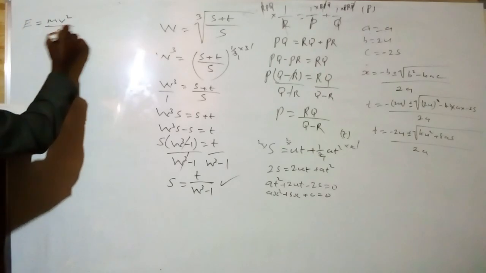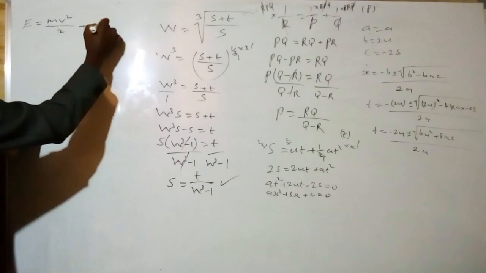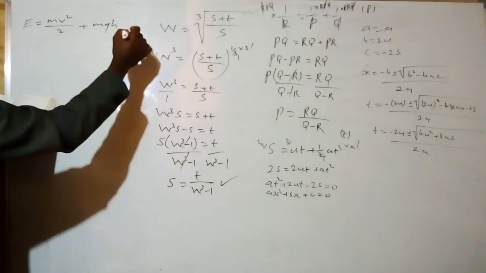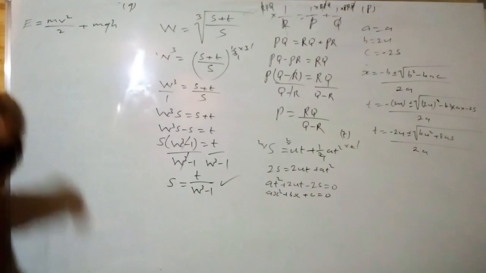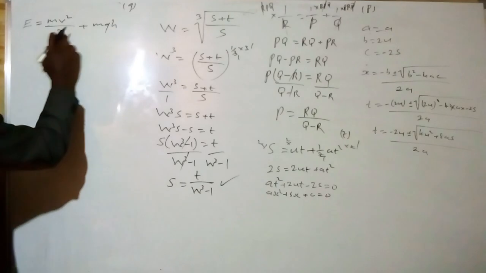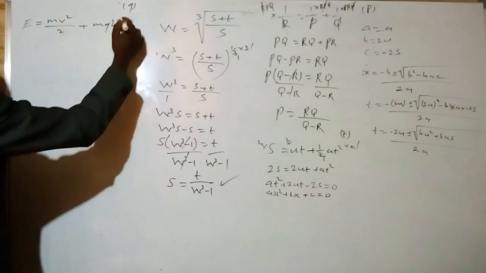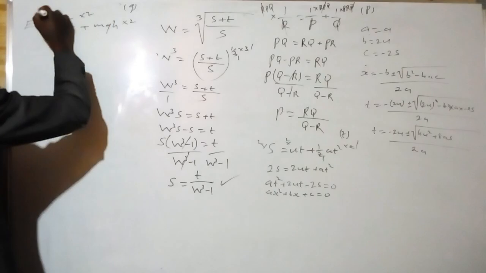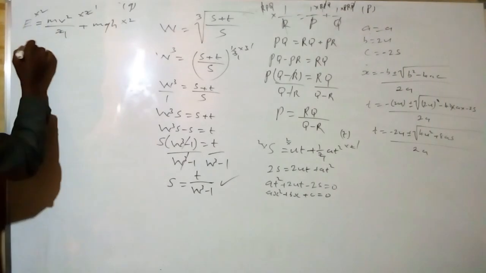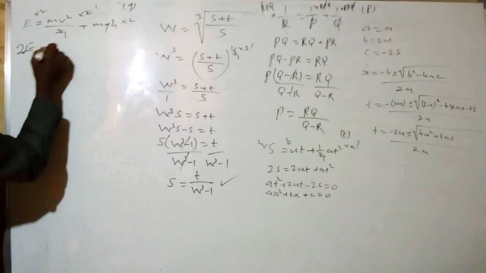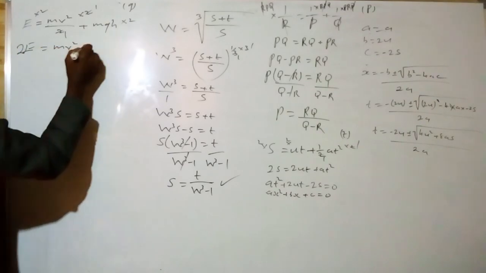We make g the subject of the formula. First of all, we multiply throughout by the LCM of 2 and 2, which is 2, so that 2E is equal to mv squared plus 2mgh.